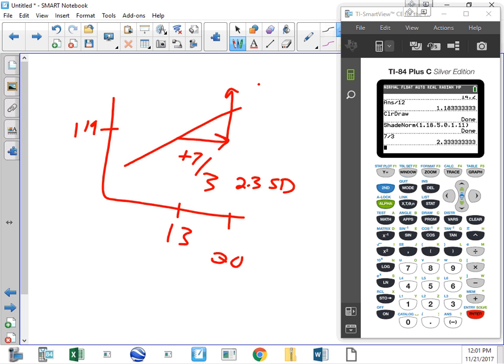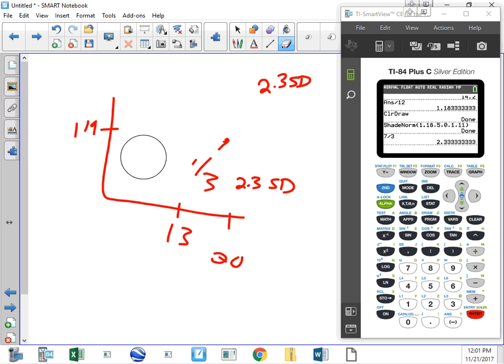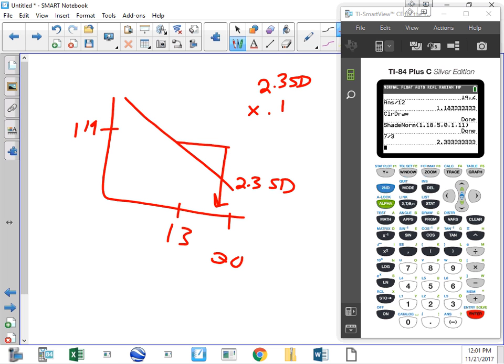So we go up 2.3 SDs, and then we cut it off. Oh, it's actually going the other way. Sorry, r is negative. The more schooling you have, the less blood pressure. So anyway, we go right 2.3 SDs, but we go down, but not all of it. We multiply it by negative 0.1.